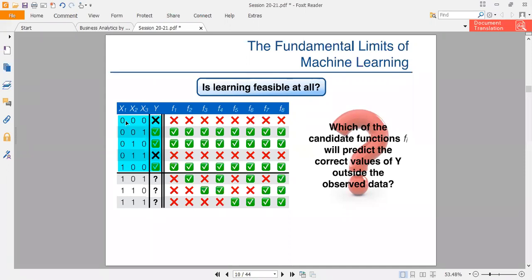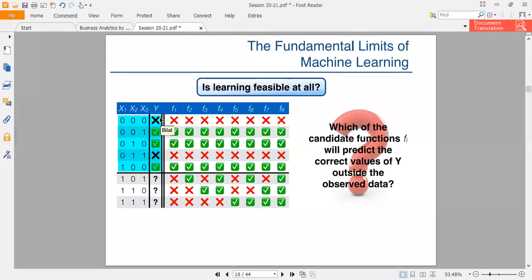So for example, if a person does not do exercise, does not have any diet issues, and does not smoke, then based on that the output is that the person will not have a heart attack in the next 5 years, for example.